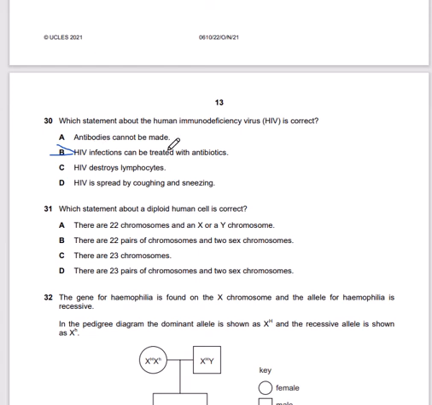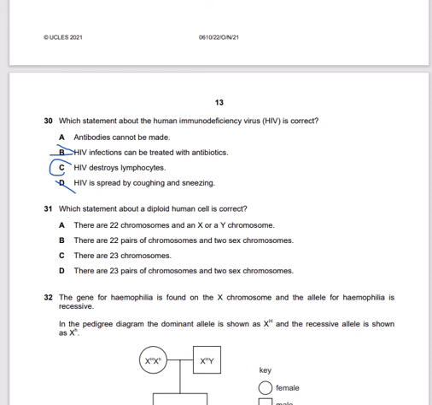HIV destroys lymphocytes. HIV is spread by coughing and sneezing. Nope. HIV is a sex-related disease which is transmitted through body fluid. And the answer will be C. It destroys lymphocytes, while lymphocytes are the ones producing antibodies.